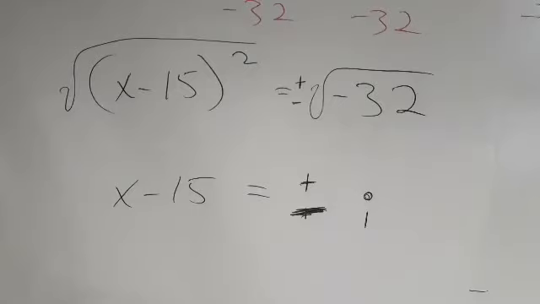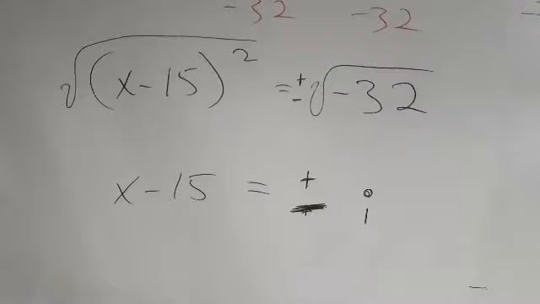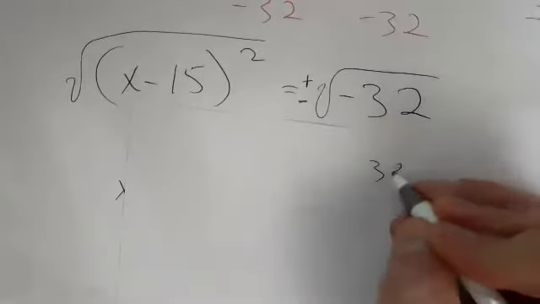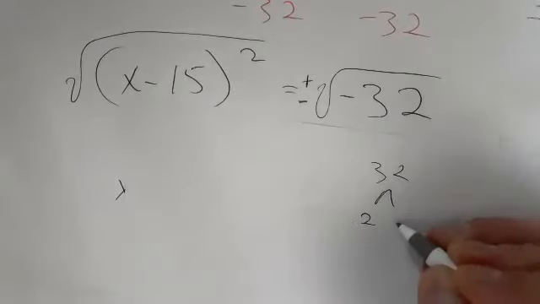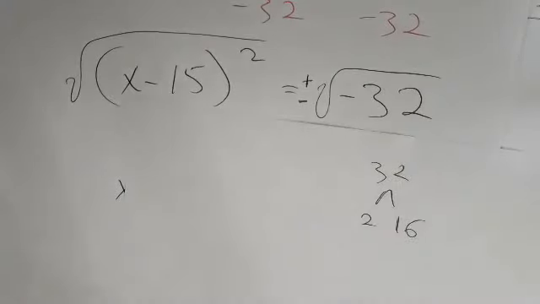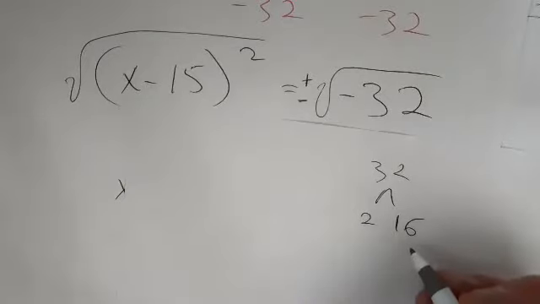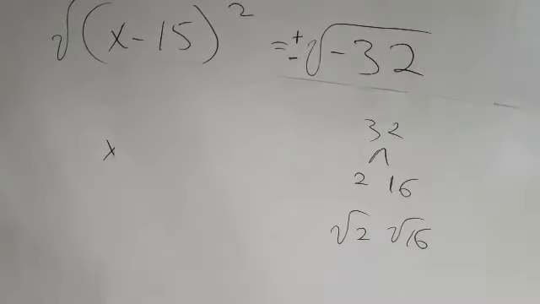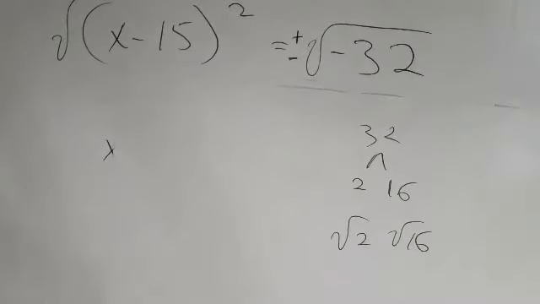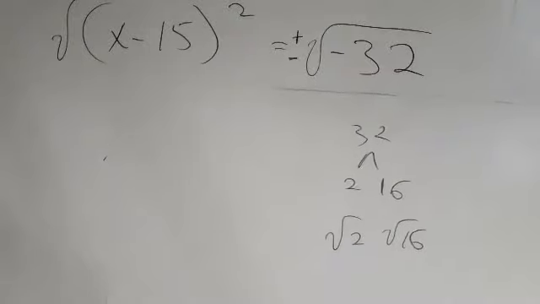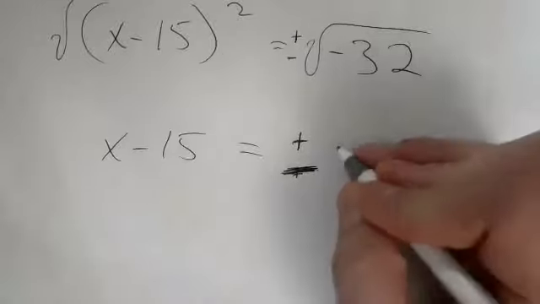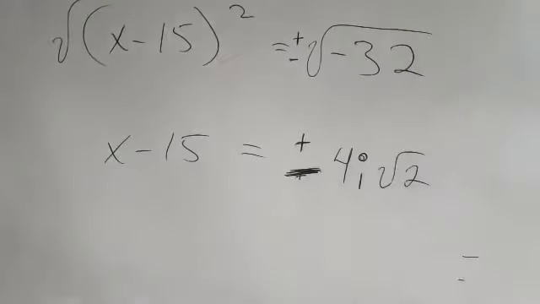Bring it down from the discriminant. It should be a little more you can take out. 32 is 2 times 16. I did 4 by 4 for 16. So we're doing root 4 and root 16. Square root of 16 is 4. It should be 4i root 2, I think, is what I'm getting. Yep.